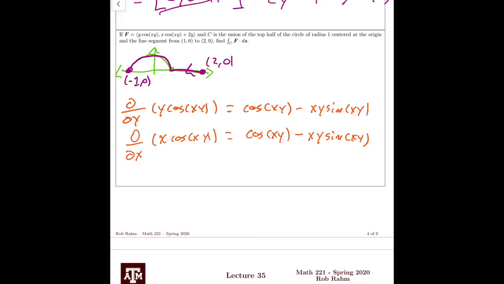So since these two functions are equal to each other, this tells us there is a potential.